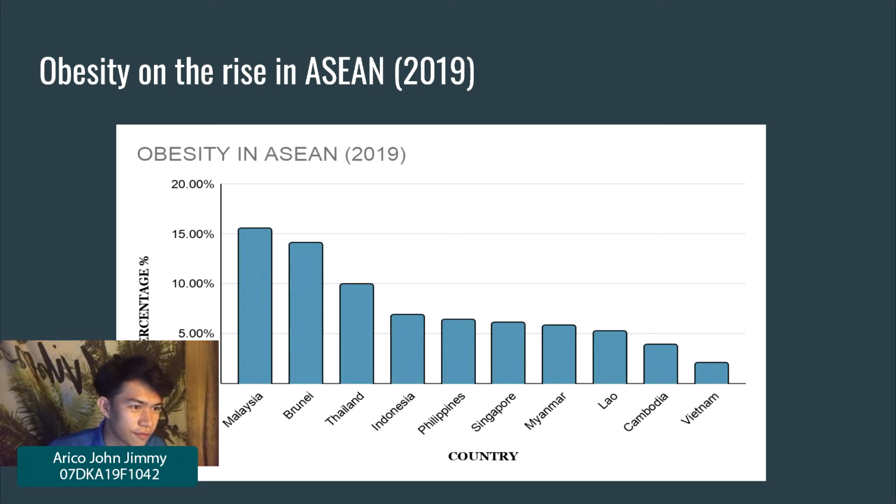The graph is entitled Obesity in Asian 2019. As you can see, the y-axis shows the obesity percentage for each country, while the x-axis represents Asian countries.